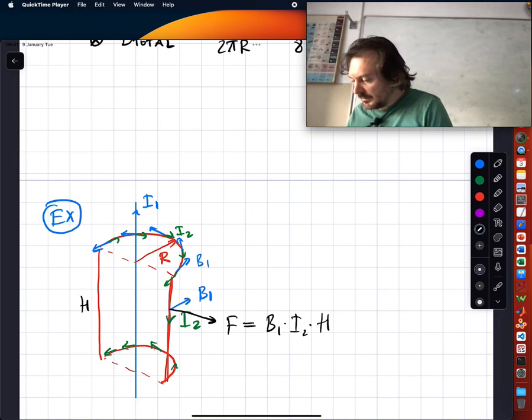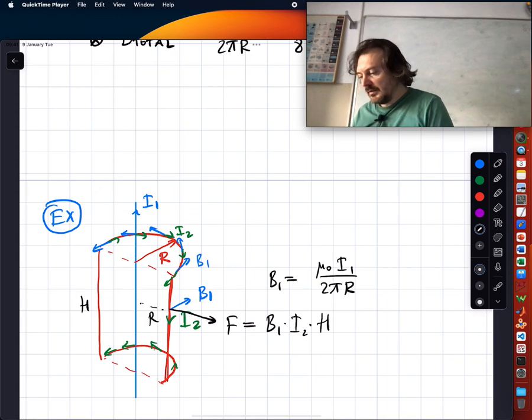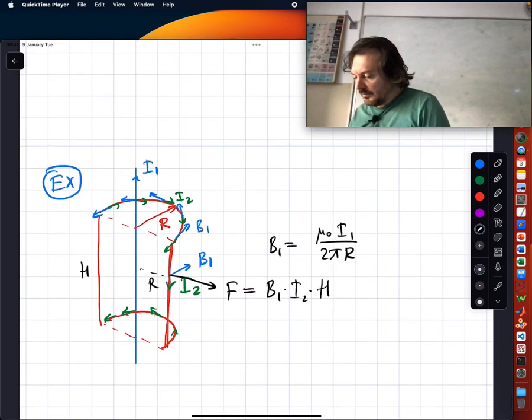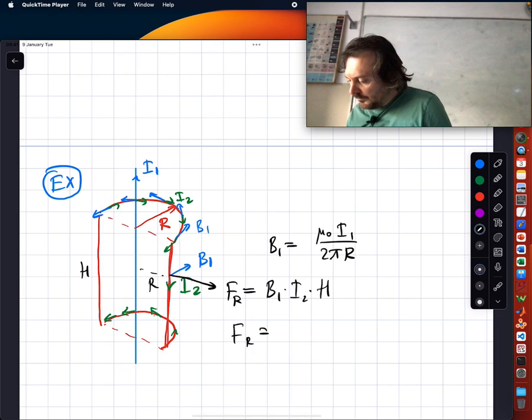What is B1? At a distance r, mu 0 I1 over 2 pi r. Do you agree? So F right, on the right part of the wire, is mu 0 I1 I2 h over 2 pi r.